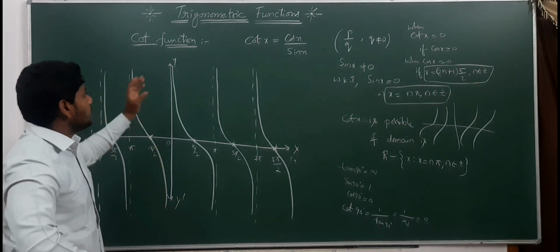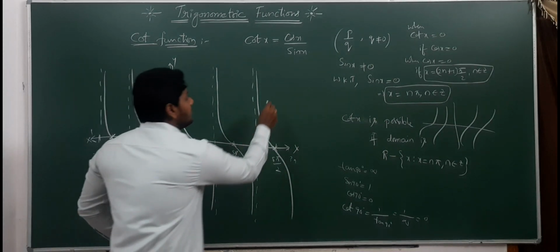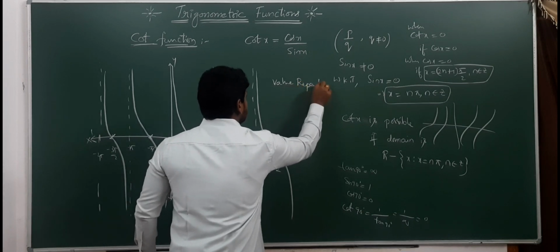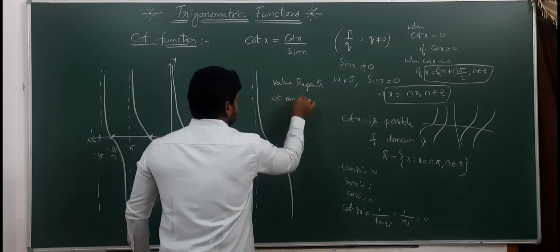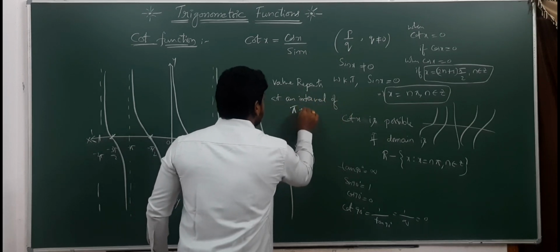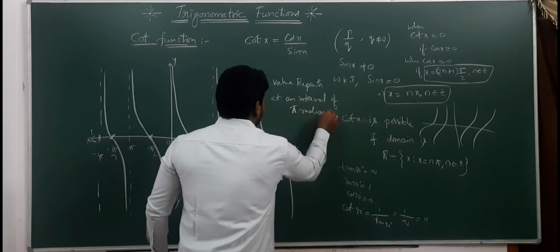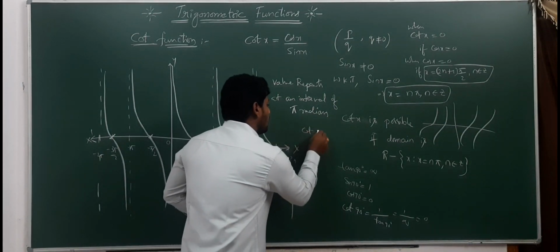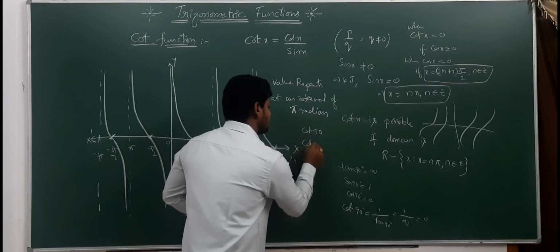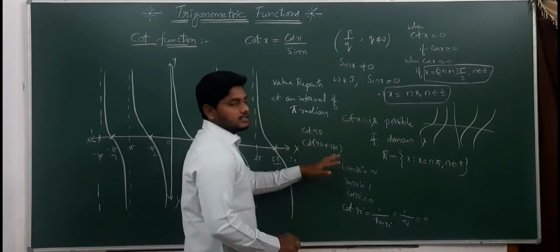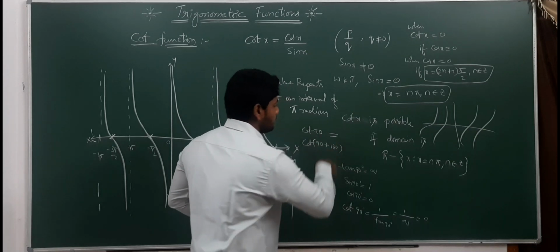That means for the cot function, value repeats at an interval of pi radians. For example, cot 90 value is same as cot (90 plus 180). Nothing but if we add pi radians, that value will be equal.